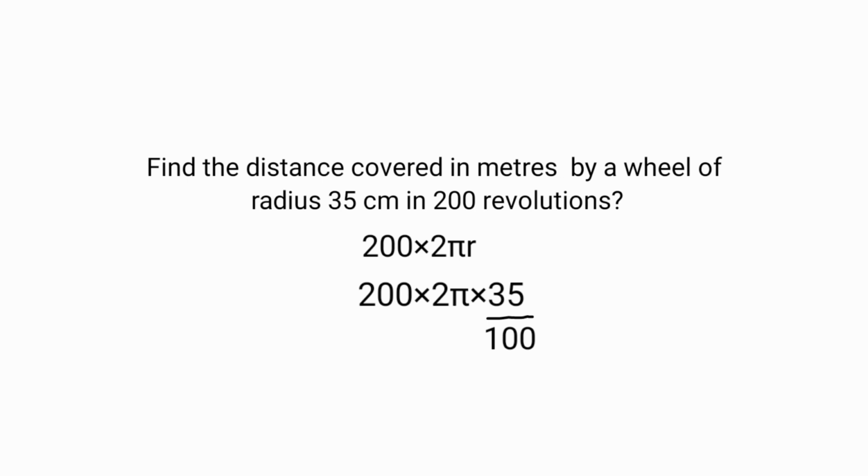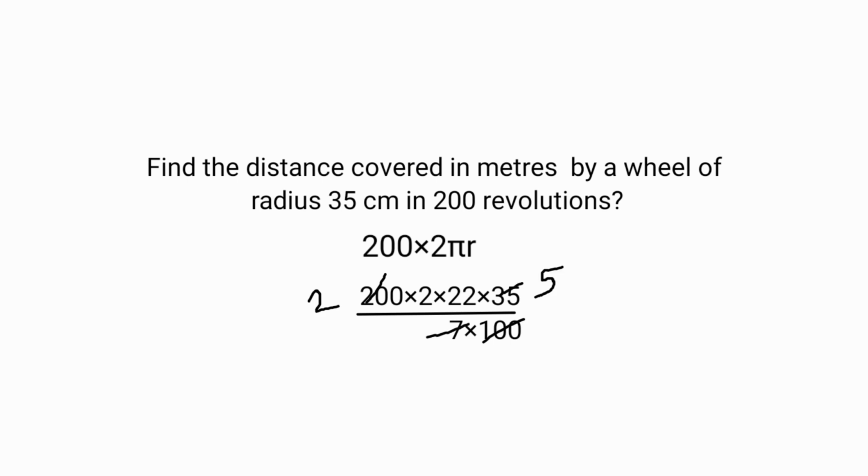Now we have to substitute the value of pi, that is 22 by 7. Now we can cancel out 100 and 200, that is 2, and 7 and 35, 5 times. So the answer will be 2 into 2, 4, 4 into 5, 20, 20 into 22. 22 into 2 is 44, into 10, that is 440 meters will be the answer.